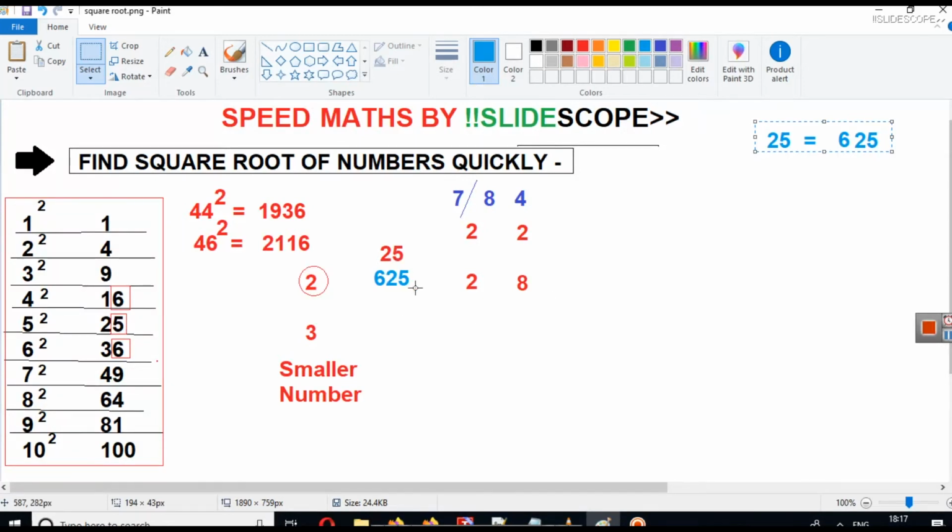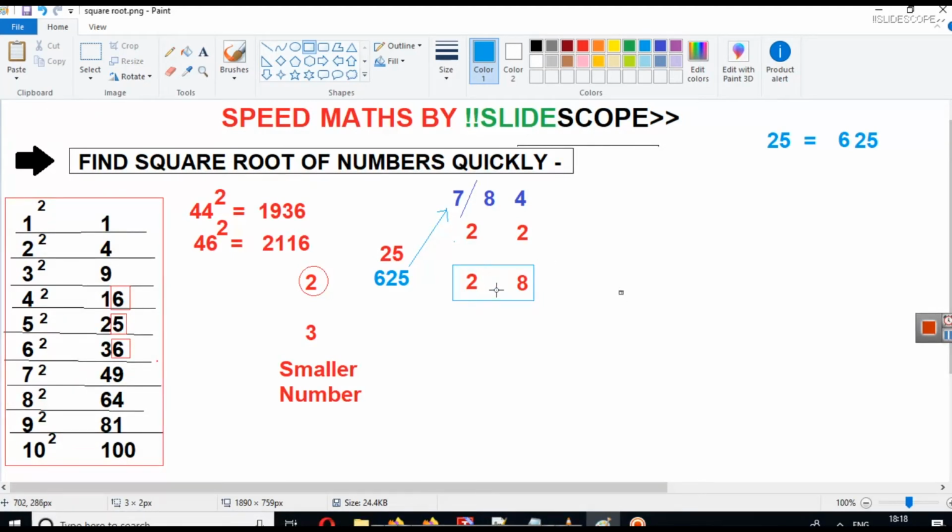Now we know that the square of 25 is 625. Now you can very easily decide: 784 is more than 625, right? So the number will be more than 25 in this case, because 625 is less than 784.